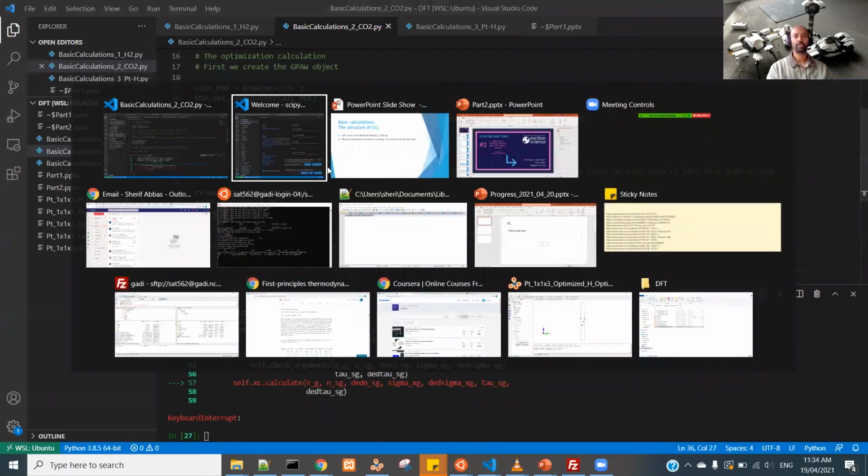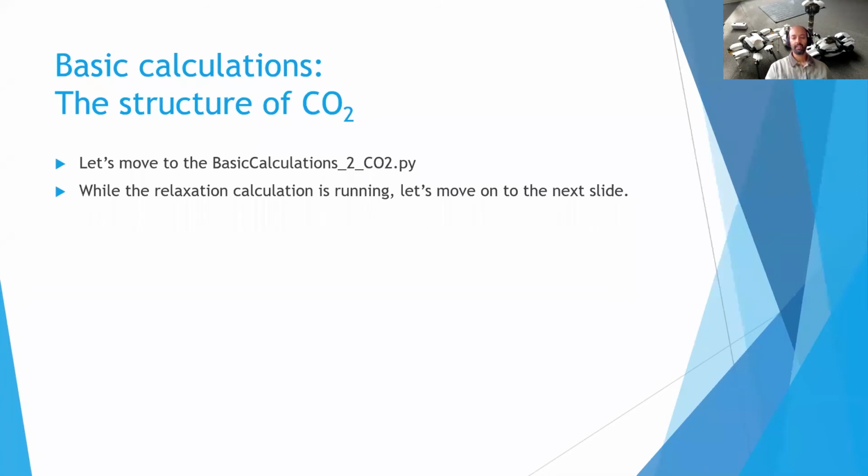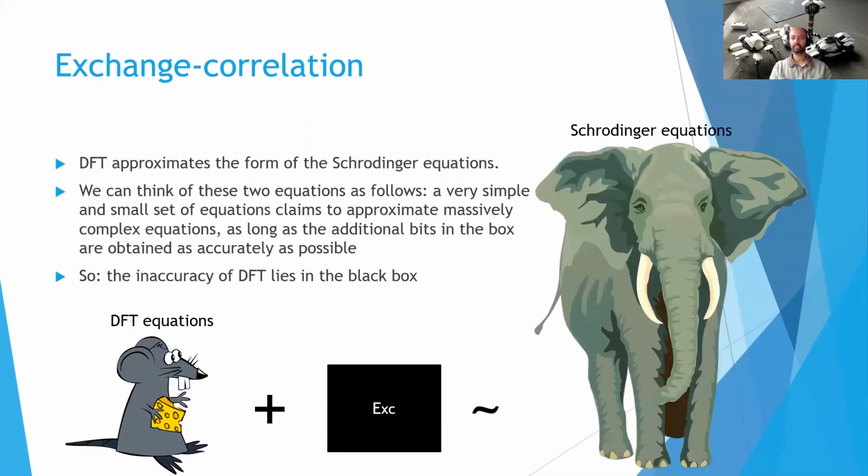Okay, so let's just go back now to the PowerPoint. So that's the CO2 structure, mainly the distance between the oxygen and the carbon. Yeah, they're the same on both sides. So oxygen, carbon, carbon, oxygen, it's the same distance anyway. Okay, so these are two molecular calculations.